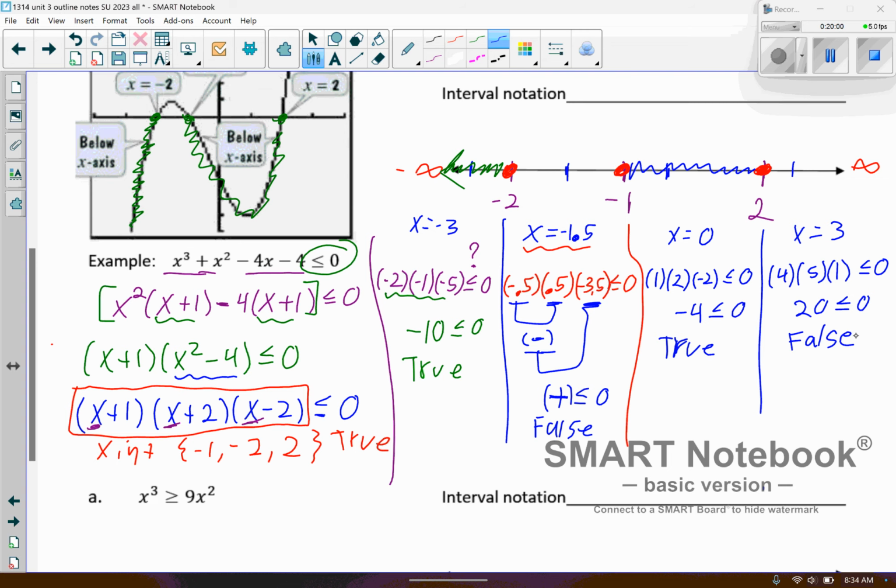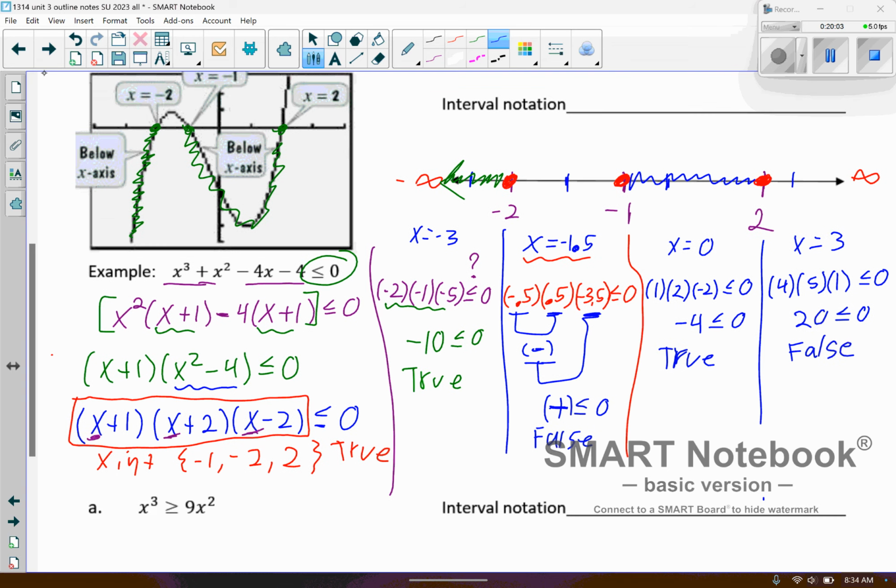So now it's time to fill out our interval notation. The first part of my solution set is from negative infinity to negative 2, including negative 2, right? And then union from negative 1 to positive 2, and then we'll bracket that in right there.